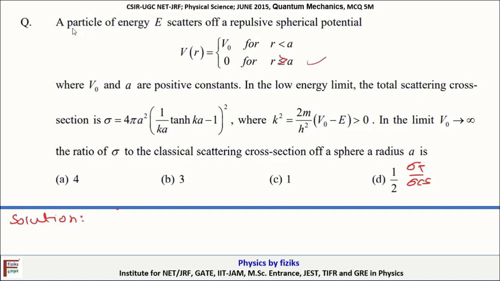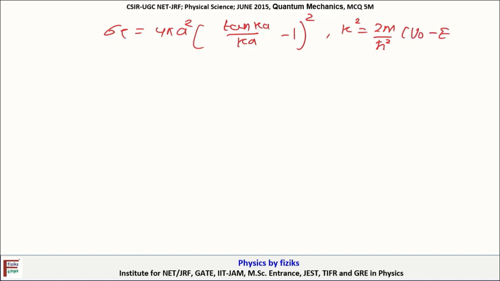The total scattering cross section sigma t is given by sigma t equals 4 pi a square (tan ka by ka minus 1) square, where k square equals 2m by h cross square (V0 minus E).